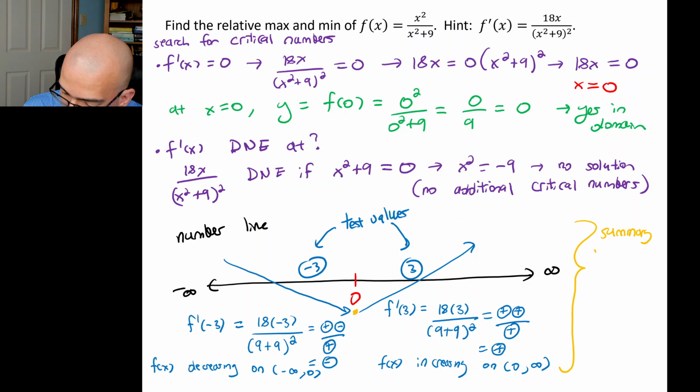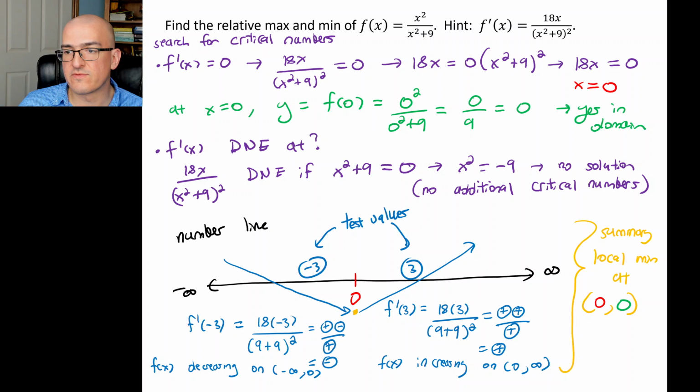There's a local min at 0, 0. I'll make that second 0 green to indicate where it came from. It came from where we got our y value by plugging the x value into the original function.